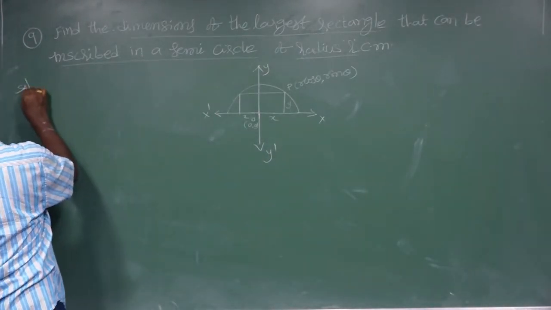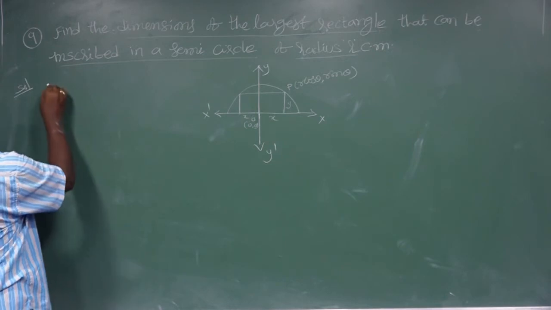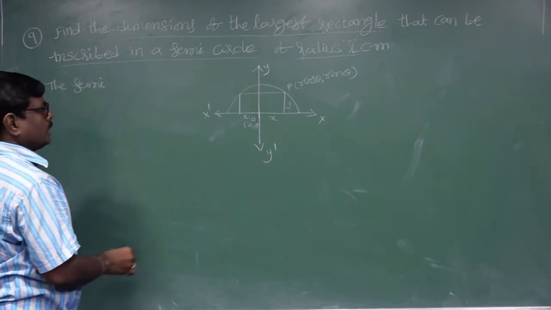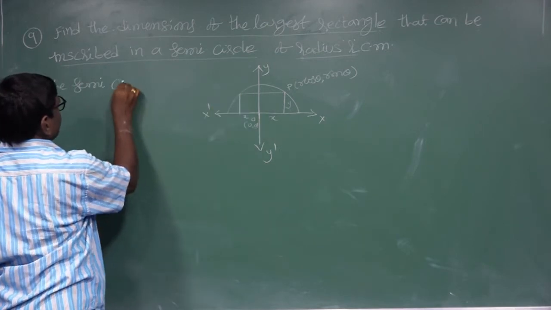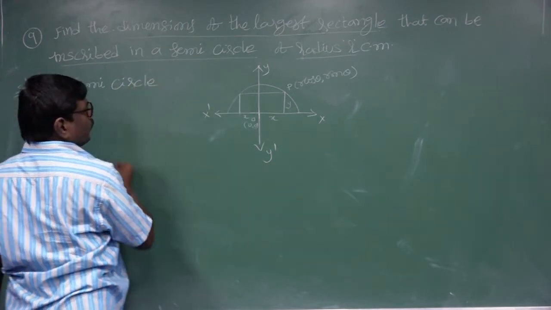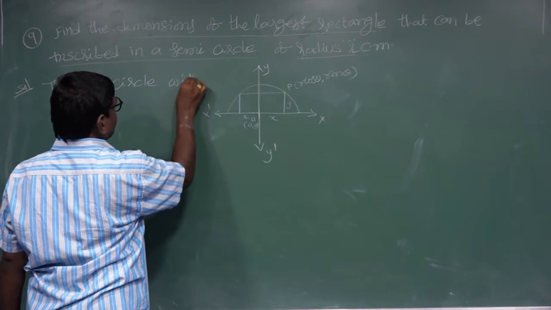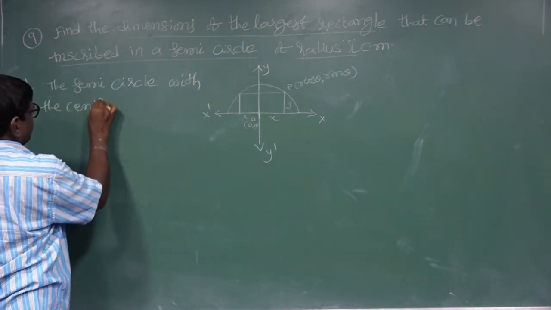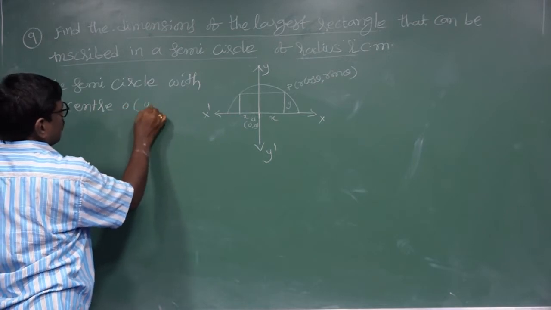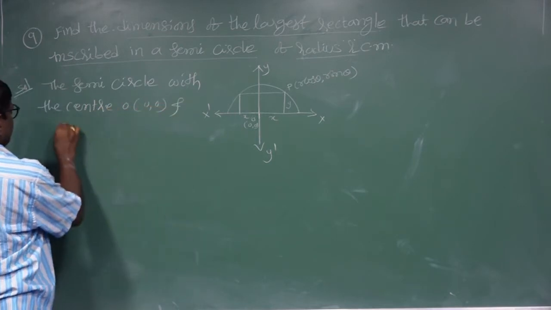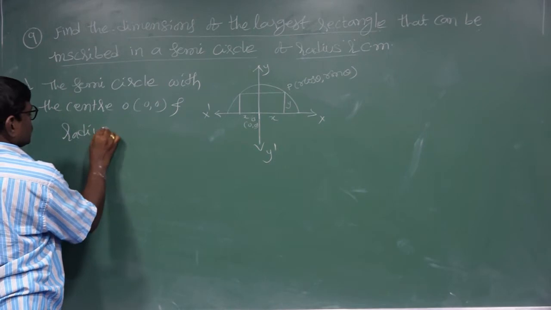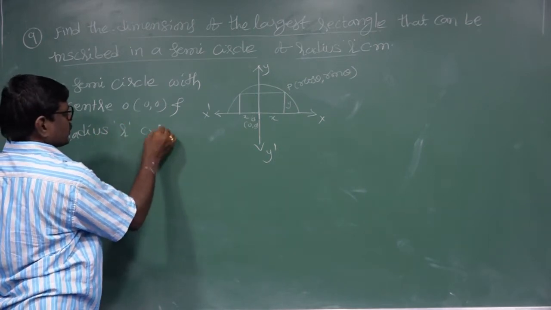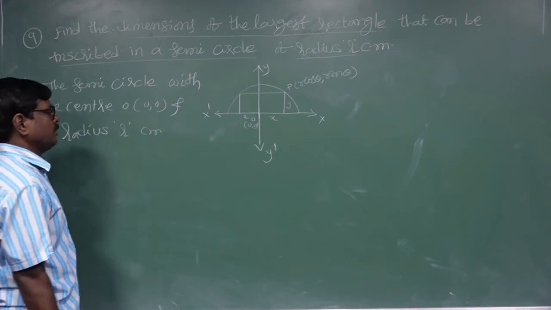Solution: the semicircle with the center at the origin (0, 0) and radius r centimeters.